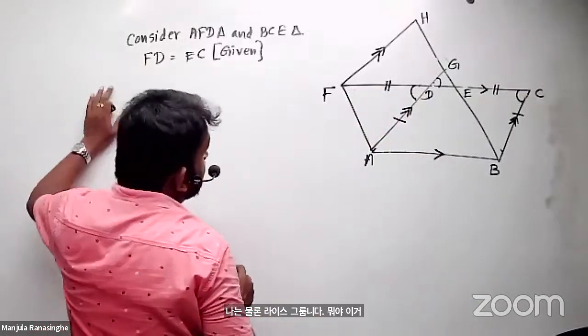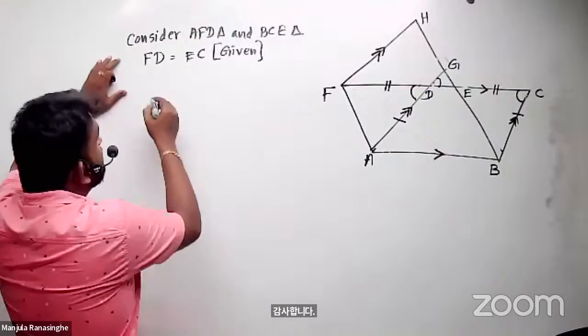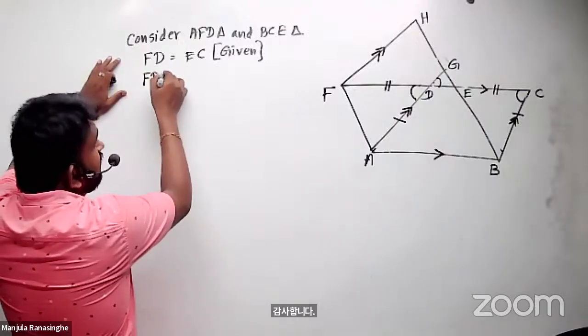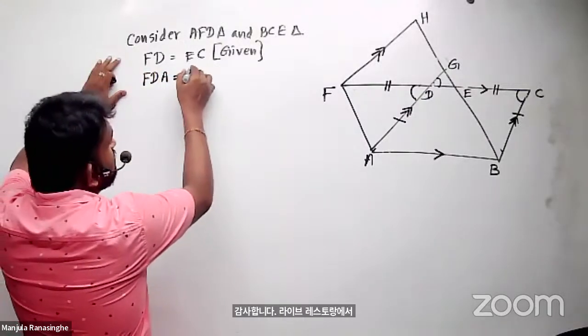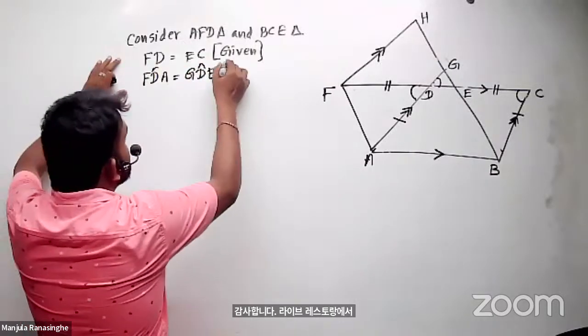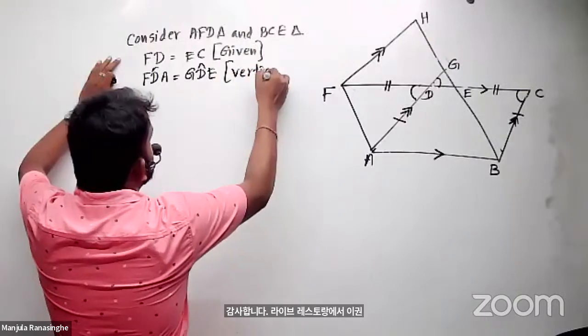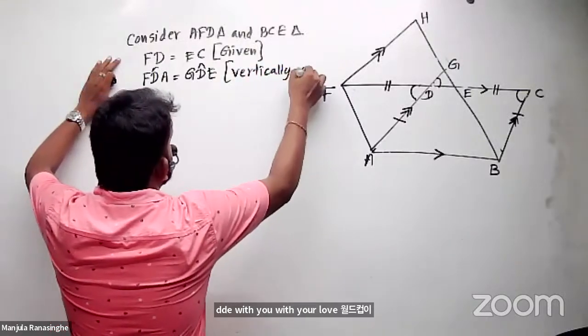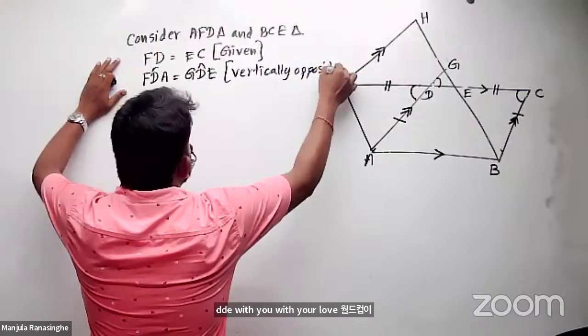FD equals EC. Right. Then you can see that angle FDA equals angle GDE. What is the reason? Vertically opposite angles.